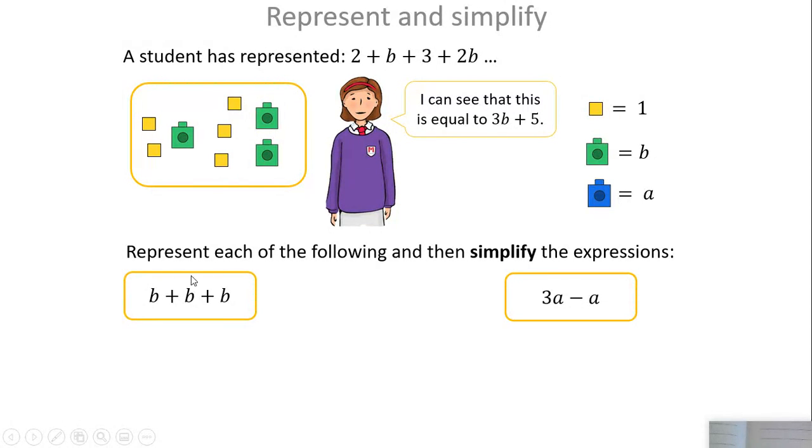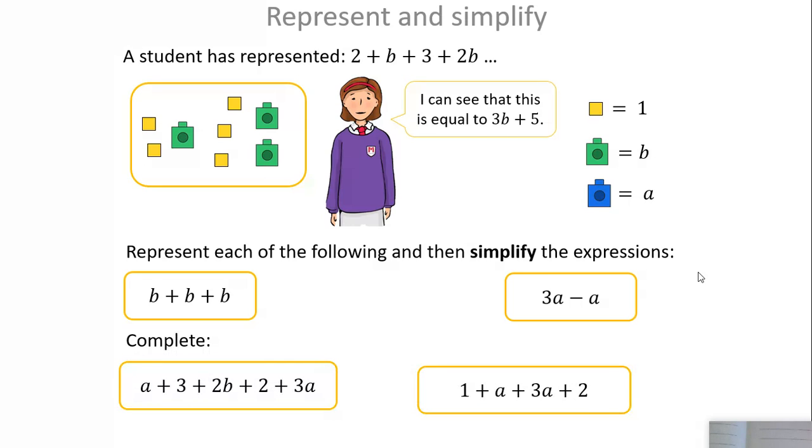What I want you to do now is represent b plus b plus b. What would that be simplified? And I also want you to do the same for this, 3a minus a. What would 3a minus a simplify to? Okay, so hopefully we've got 3b and 2a. If you've got 3 of something and you take away 1 of it, you're left with 2.